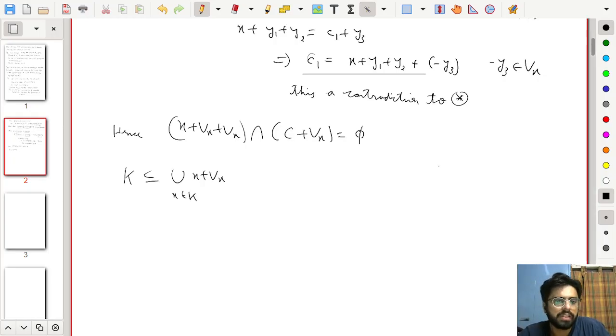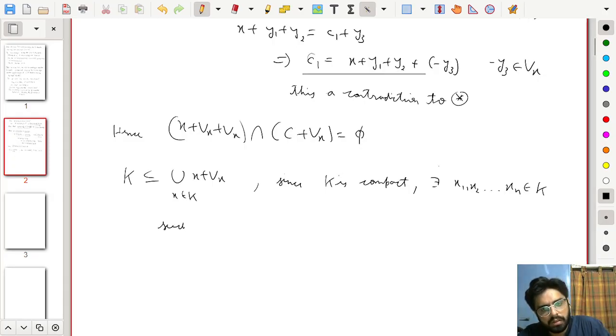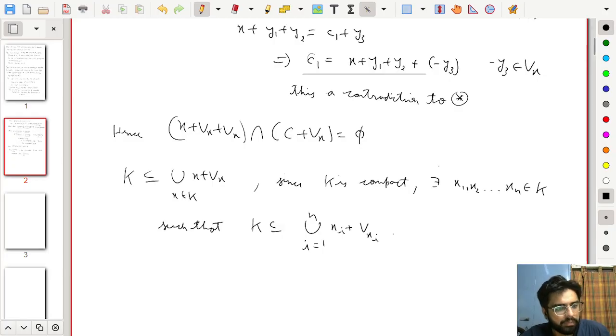This x plus V_x is an open cover of K. Now since K is compact, there exist x1, x2, up to xn in K such that K is contained in the union of xi plus V_xi, right? This is because of the compactness of K.